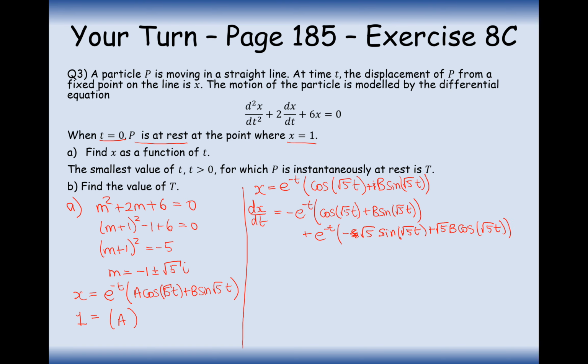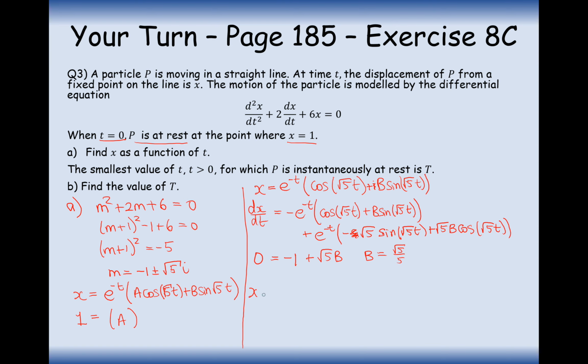Okay, let's now plug in t equals 0 and p equals 0 as well. So it's at rest, so that equals 0. So it's going to be minus cos 1, so that would be minus 1, and then it would be plus, that would be 0, plus root 5b. So b is therefore going to be root 5 over 5.